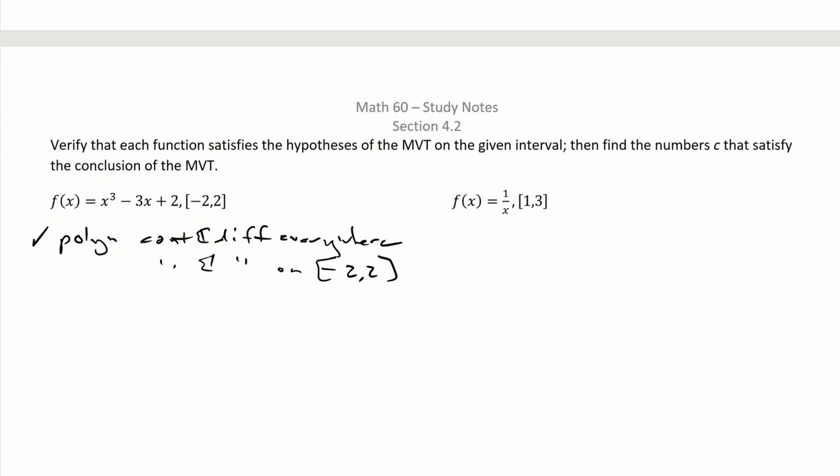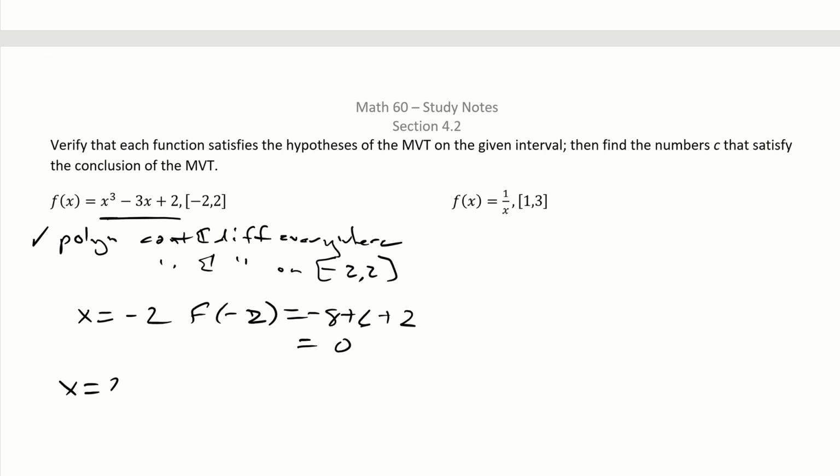Okay, so all you have to do then is, well, we have x equal to -2, f of -2 is equal to, you go up to the function, it's -8, and then +6, and then +2. Apparently it's equal to 0. And then if x is equal to 2, we're going to get f of 2 is equal to 8 minus 6 plus 2, which is 4.